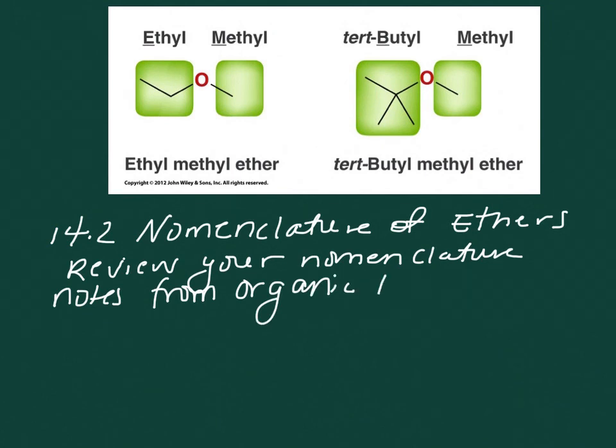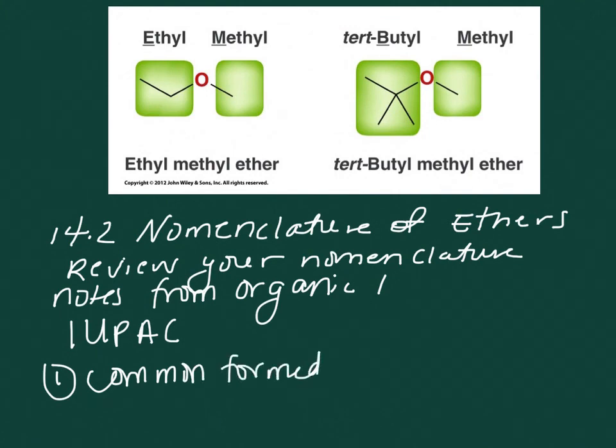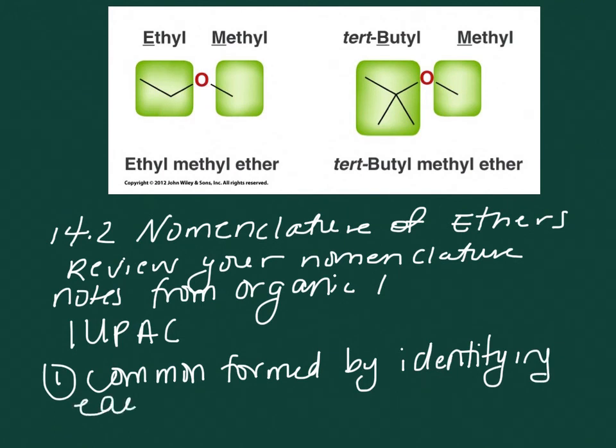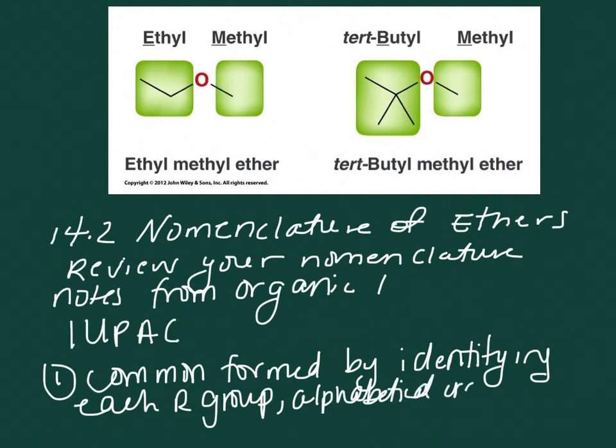Okay. For ethers, there are two ways that we can name an ether according to IUPAC rules. The first way is that you have a common name that is formed by identifying each R group and arranging them in alphabetical order, and then adding the word ether.